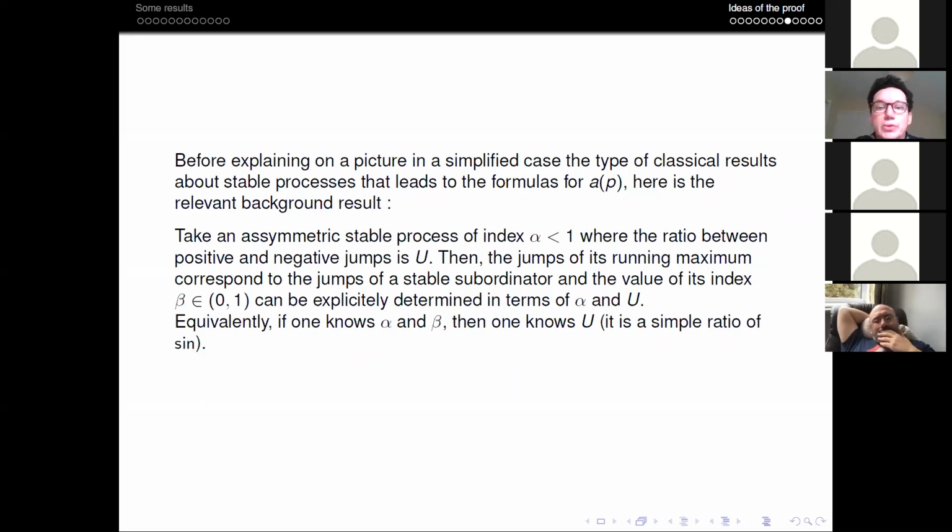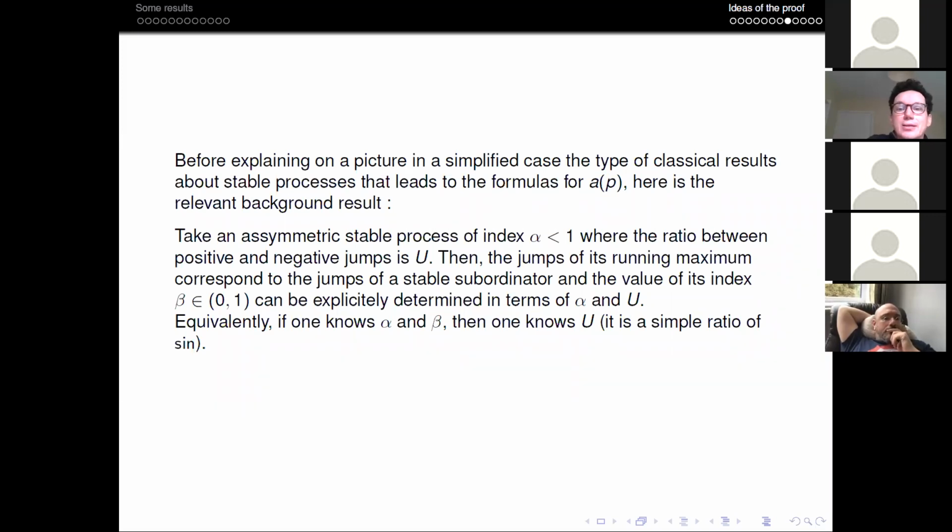Its jumps will correspond. And there's a nice formula that relates the index of this new subordinator in terms of this alpha and this u. And of course, our organizers of the One World Probability Seminar, Leif and Andreas, are very much into these types of things. So equivalently, if you know alpha and beta, you can recover the asymmetry parameter u.